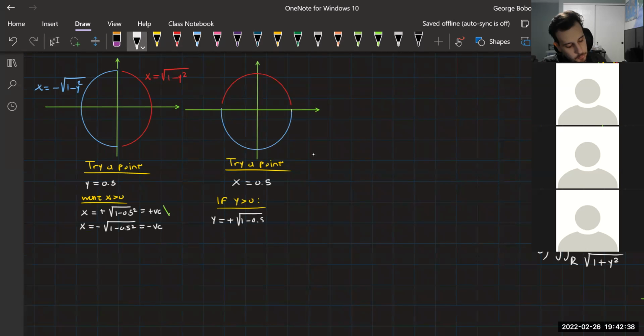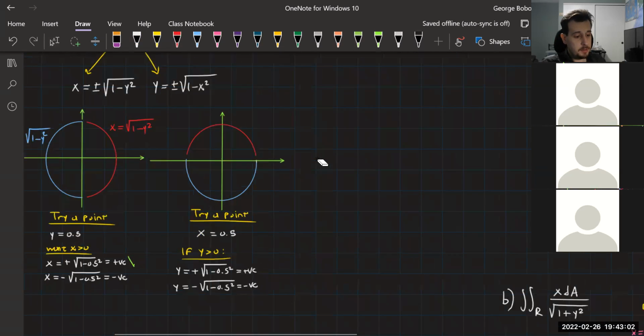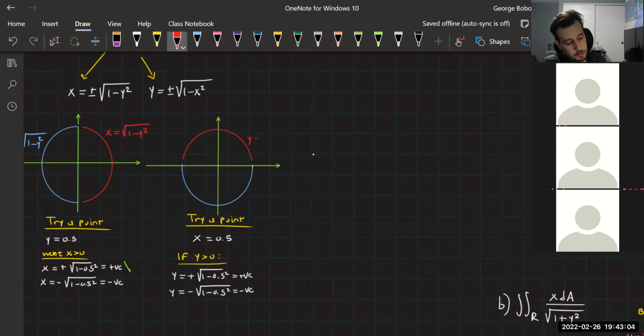I think it's obvious to see what's going to happen here again. I get a positive here and a negative here. What does this mean? This means that the positive y's happen at the positive branch, which means this guy here needs to be square root of 1 minus x squared, and the bottom one needs to be the other one.